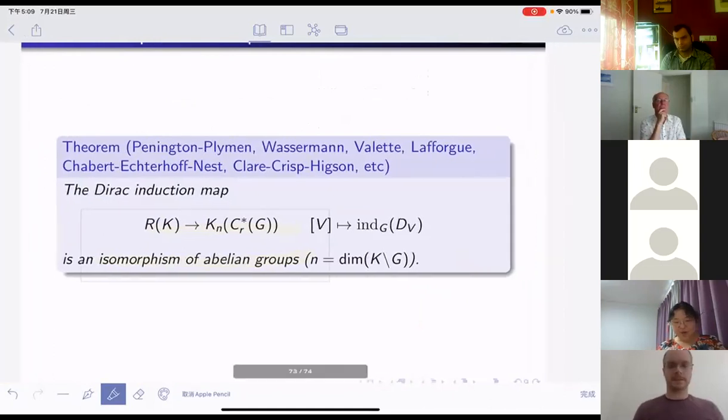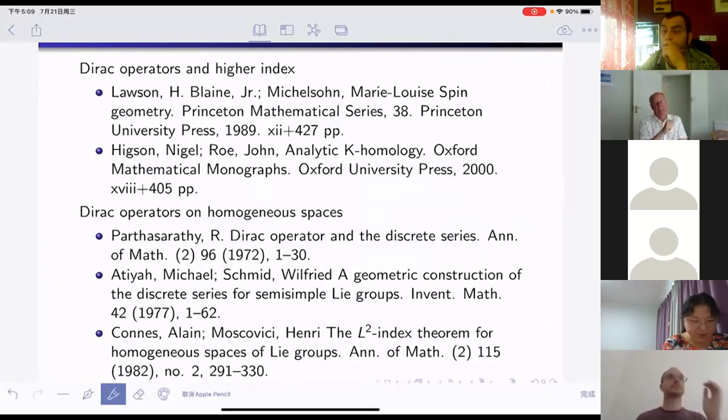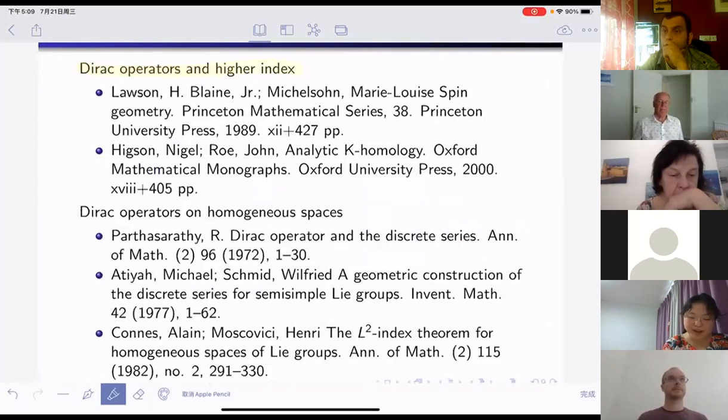So that is all of my lecture today. And here are some references I want to mention. I talked about Dirac operators and higher index. For Dirac operators, one can look at Lawson and Michelsohn's Spin Geometry, and for higher index theory, one can look at Higson and Roe's Analytic K-Homology.